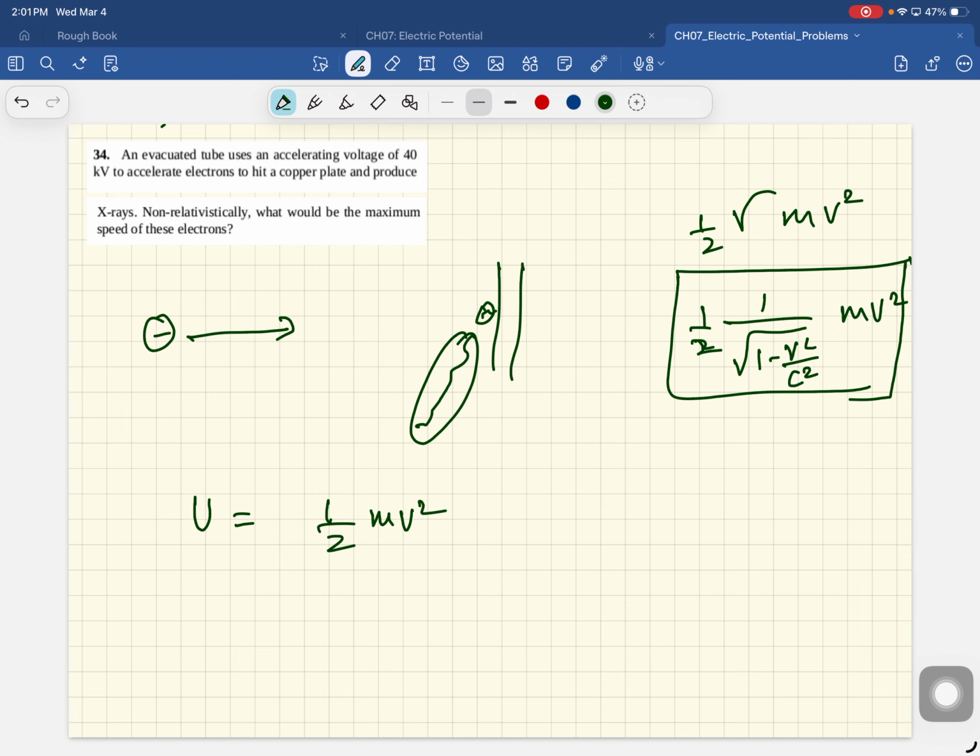This is the rest energy, so this would be the kinetic energy. And this is so messy that this would equal 40,000 electron volts, and you would have to calculate the speed of the electron that way. And that's just too messy.